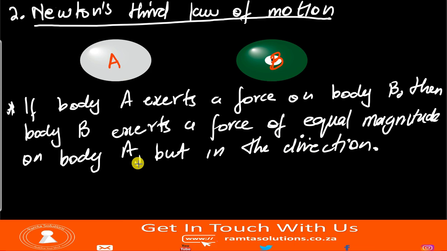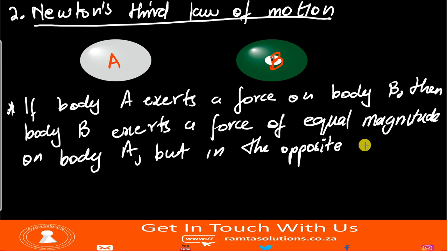So that law says if body A exerts a force on body B, then body B exerts a force of equal magnitude on body A, but in the opposite direction.